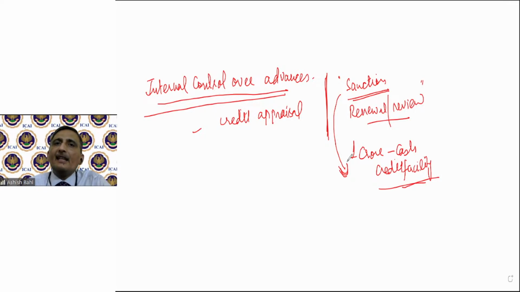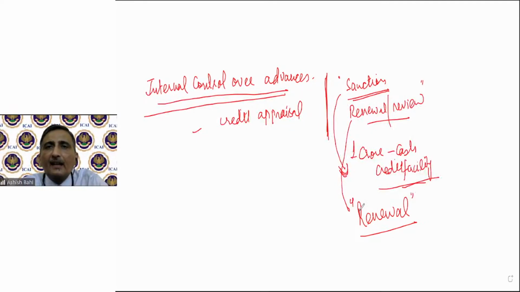But practically these facilities go on. So what happens is after 12 months, these facilities are again renewed. In banking language, we call this renewal, that the amount which was sanctioned is now renewed.